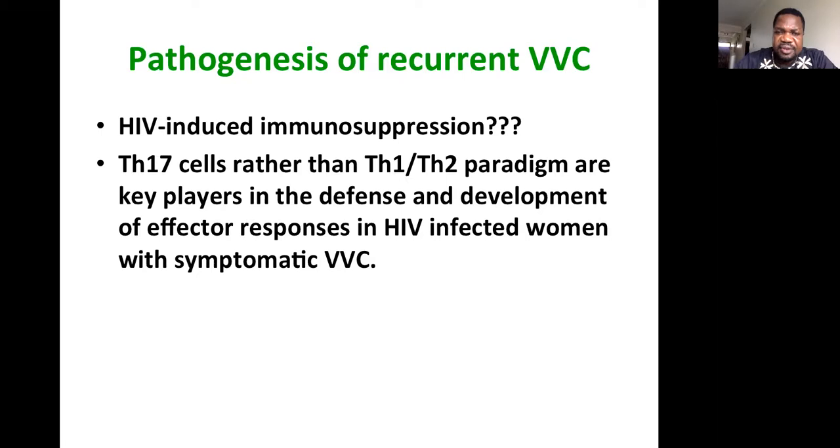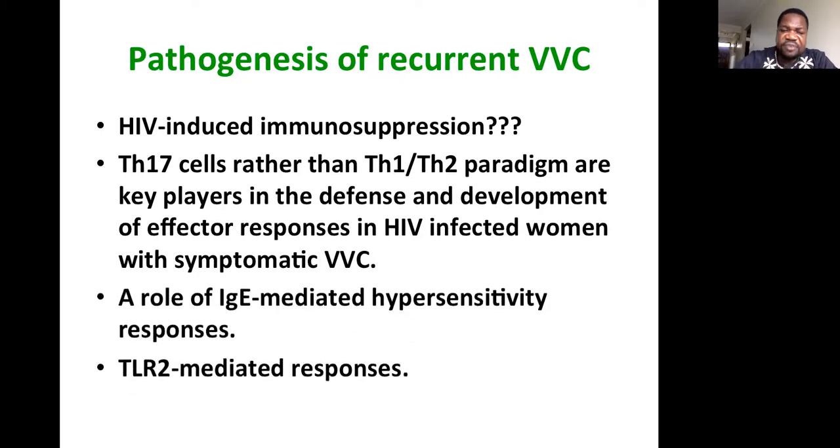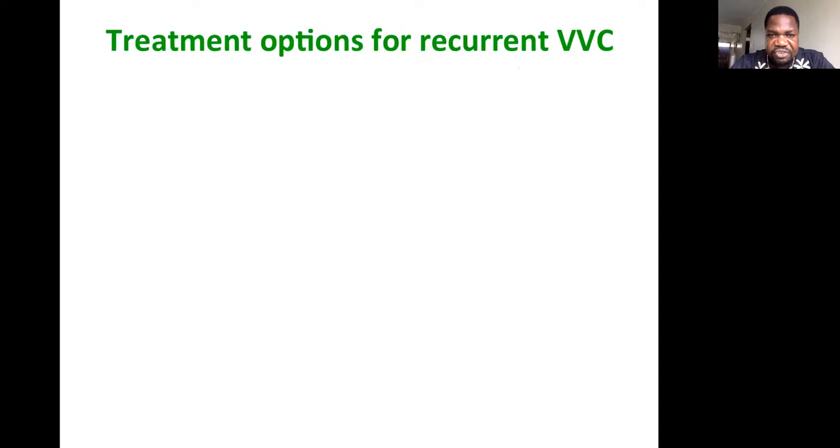There is also a role of IgE-mediated hypersensitivity responses, or toll-like receptor 2 mediated responses, that create problems in terms of host immune responses to Candida infections. So there are a lot of theories.